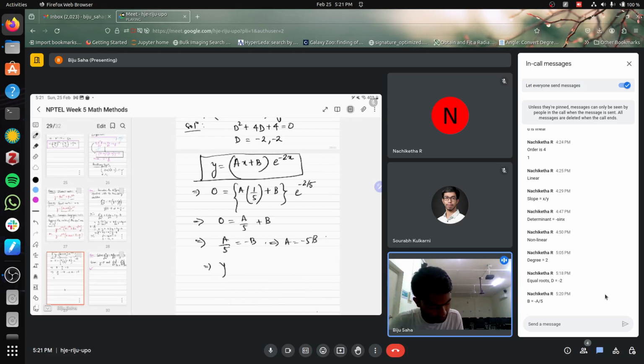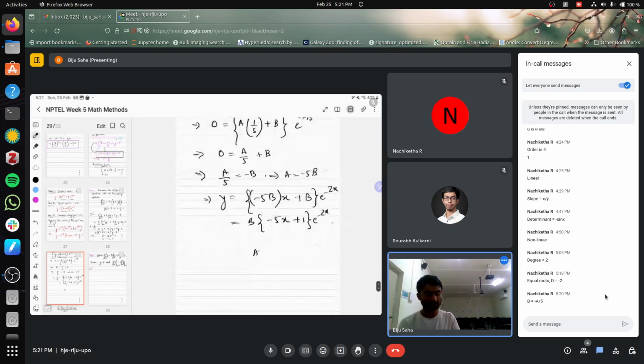So y is equal to, so b common. So this is the solution for this differential equation.